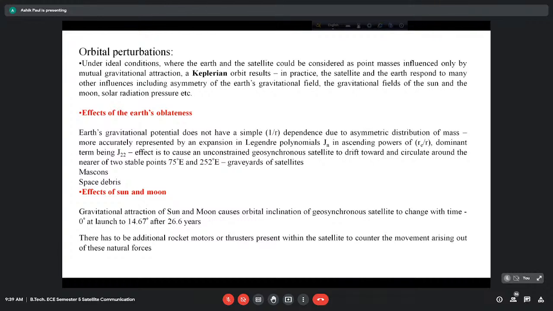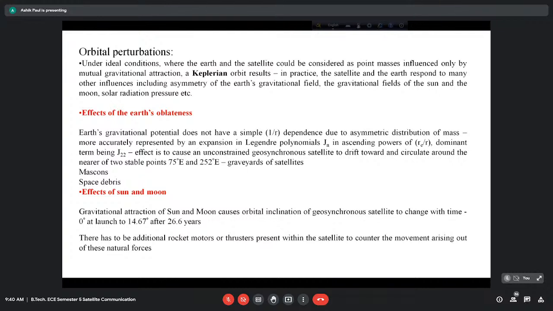And because of that, at geostationary orbital altitudes, you have two naturally occurring stable points, and those stable points provide a solution to the problem of unconstrained geosynchronous satellites which are drifting without any control.